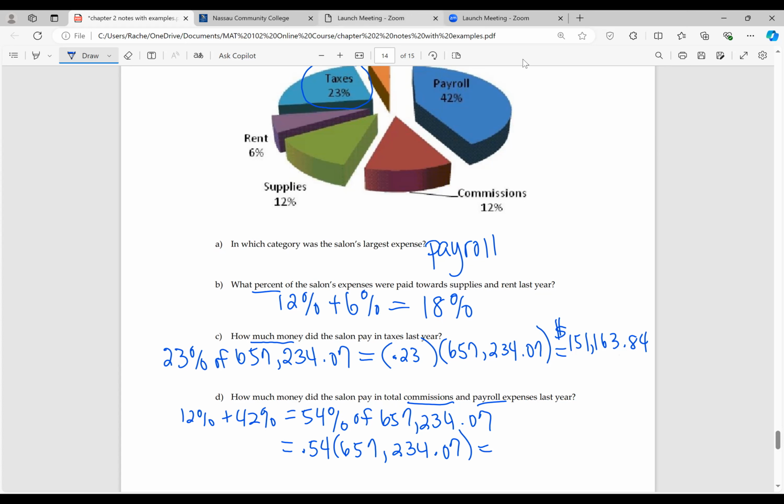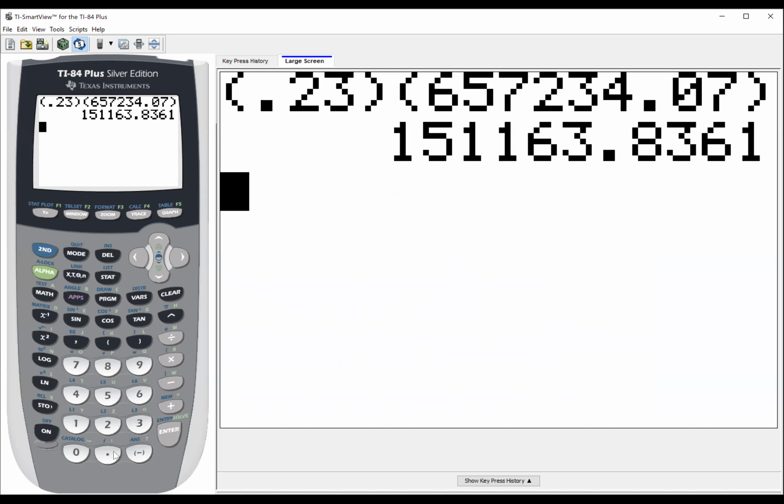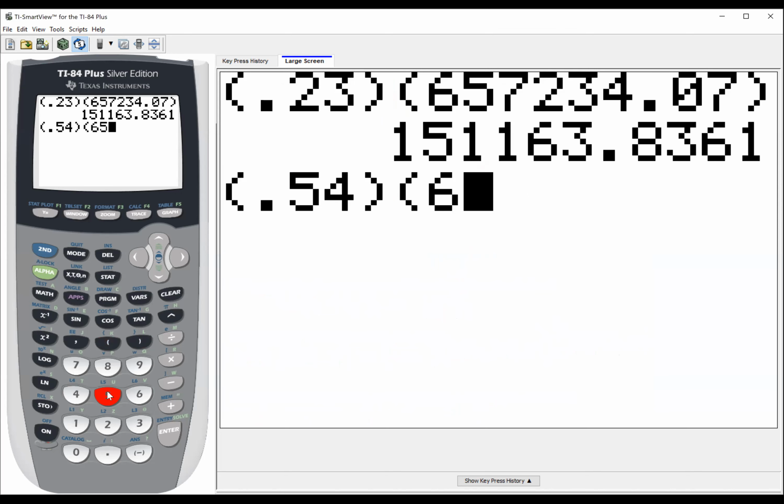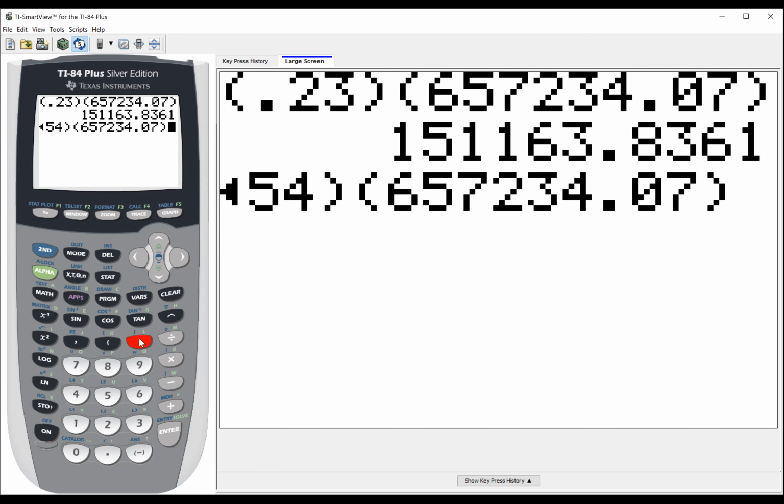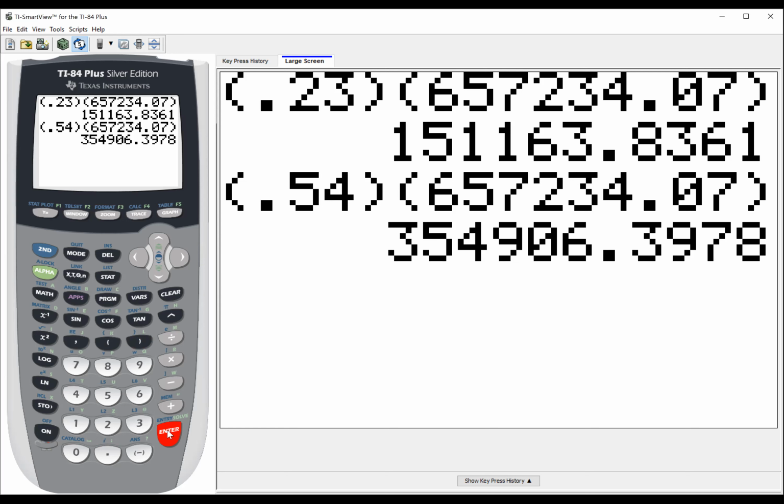And we could do that together in the calculator. So I'll share my calculator screen. So we're going to take 54%, so 0.54 times the 657,3407. So we get about, if we round again to the nearest penny, we're going to get about $354,906.40.